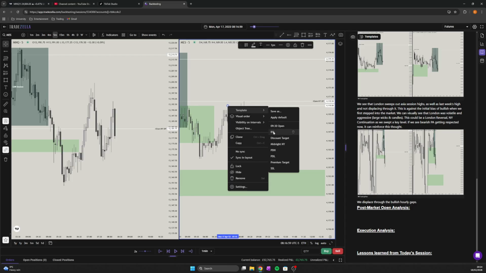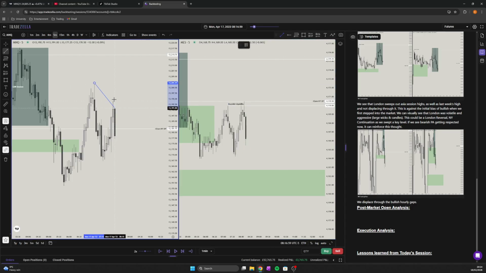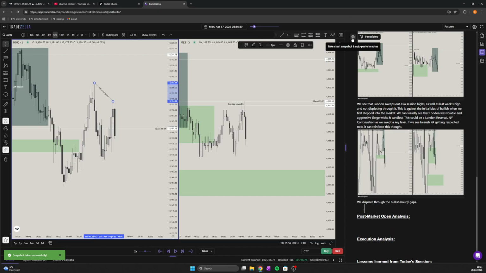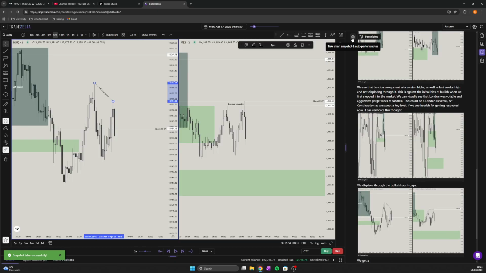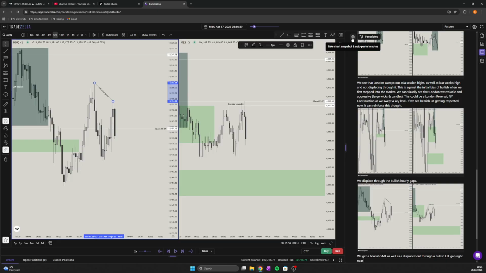So we see bang, and then we have a bang. Let's not change it. There we go. So let's mention we get a bearish SMT as well as a displacement through a bullish low time frame gap right near midnight opening price.